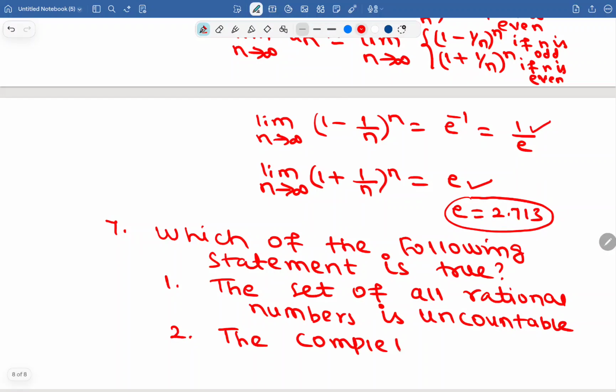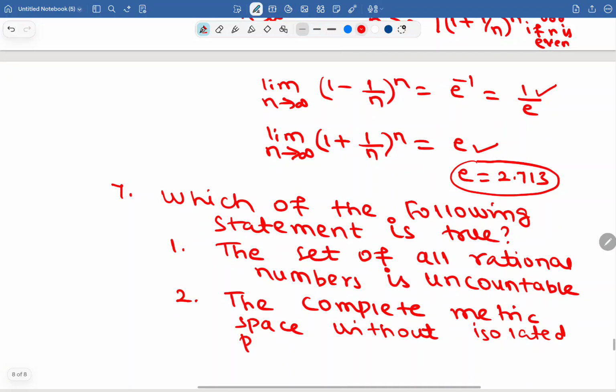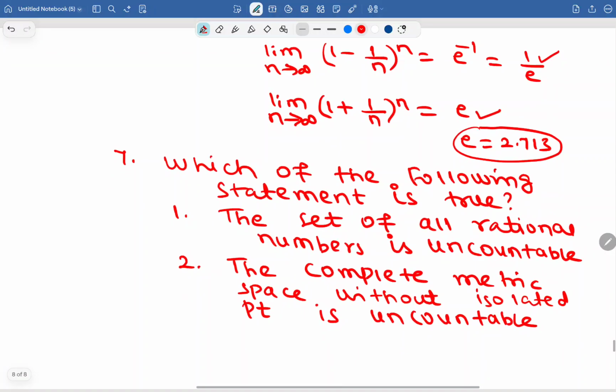The complete metric space without isolated point is uncountable.